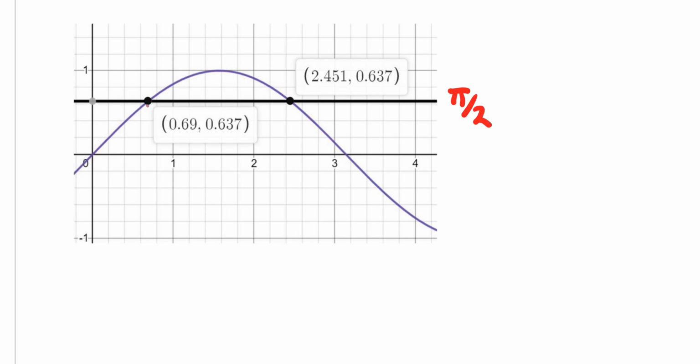It turns out that our first x value is going to be 0.69, and our second x value is going to be 2.451. Those are the two x values where the function obtains its average value in the given domain, and we do need a graphing calculator to figure out those answers because you cannot get an exact value. Okay, let's keep on moving along.